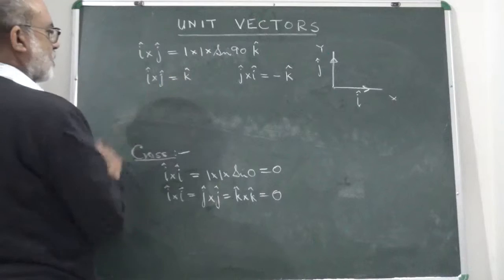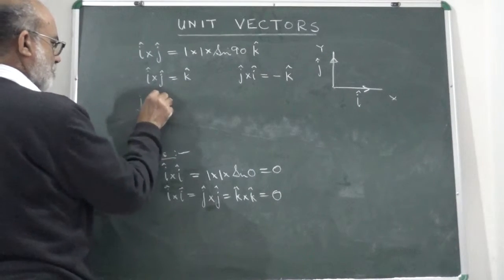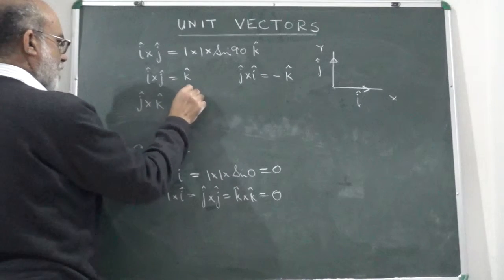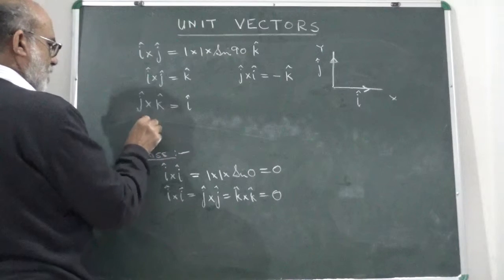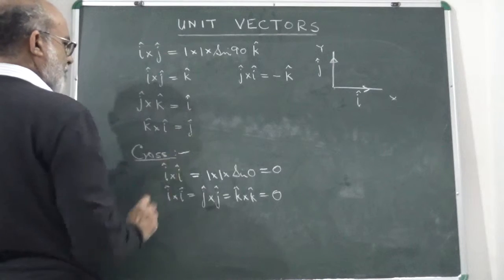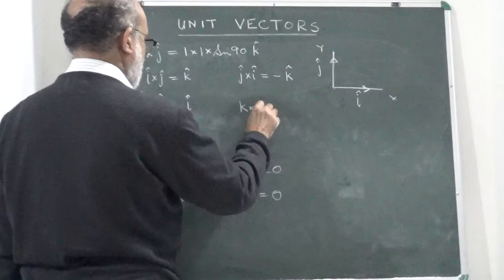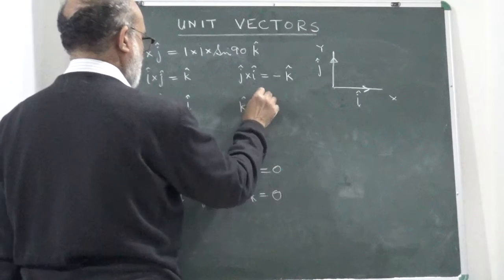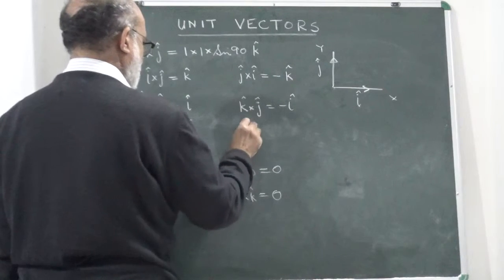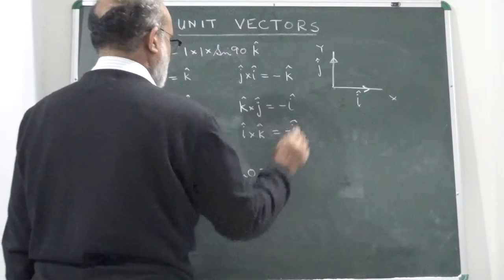Similarly, j cross k will be i, and if you reverse this, k cross j will be minus i, and i cross k will be minus j.